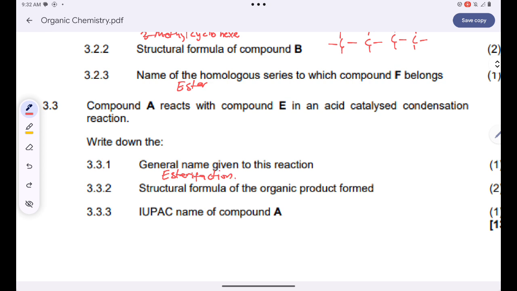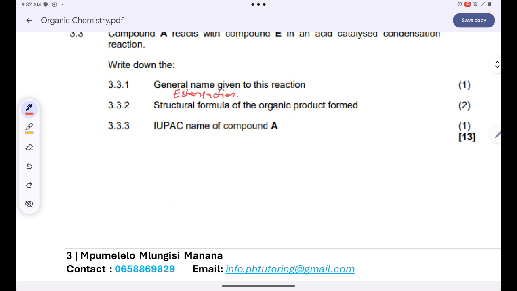That's esterification. Now the structural formula of the organic product formed. We take our ethanol and we are mixing it with our butanoic acid.